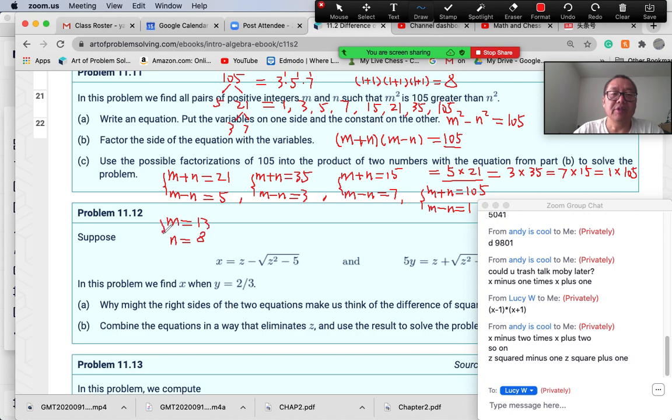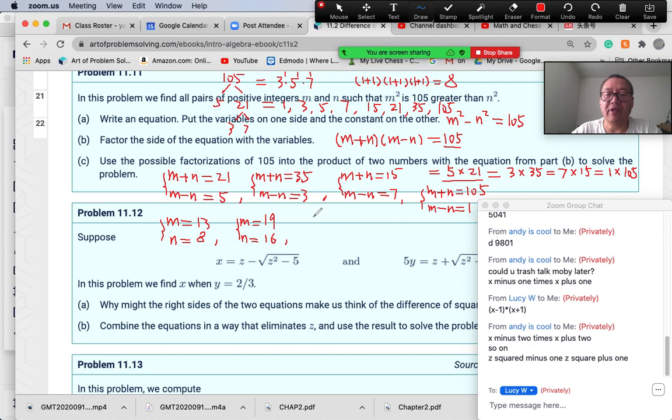This is one answer. Now the second system: adding gives 38, divided by 2 is 19, so m equals 19, then n equals 16. This is the answer for the second system.